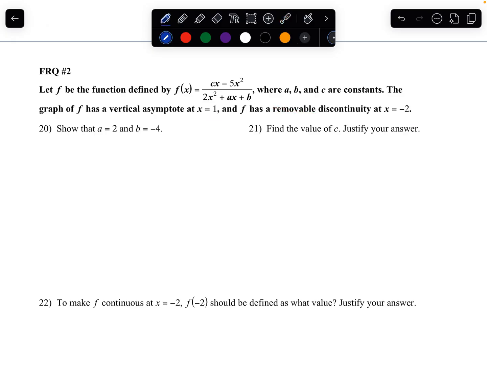So let's say that we plug in 1. So we get 2 times 1 squared plus a plus b. Does that make sense? I think it does. And then we have to set this equal to 0.